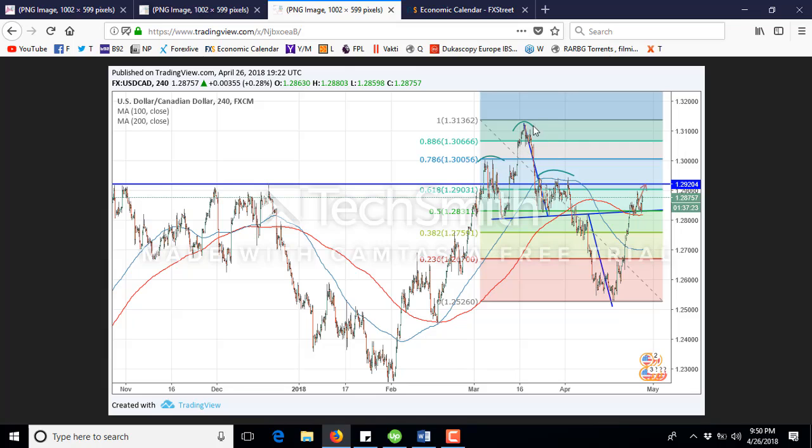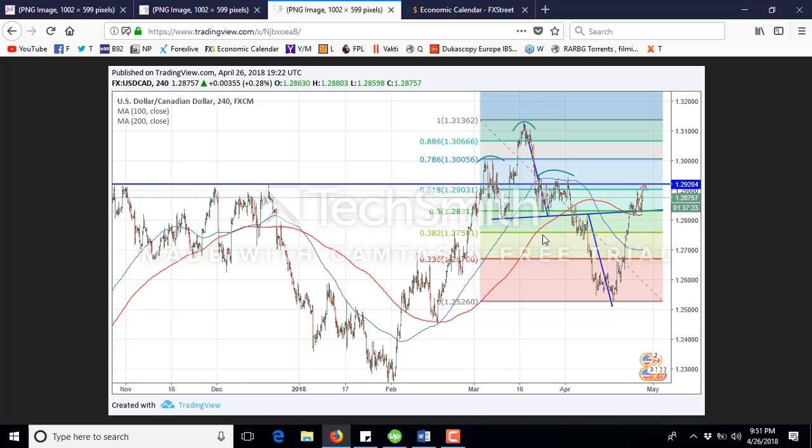Then we also discussed this last week. I think a lot of people that I follow, that I also interact with, recognized this head and shoulders pattern. Everyone was waiting for the neckline to break. So this is the left shoulder, right shoulder, head.